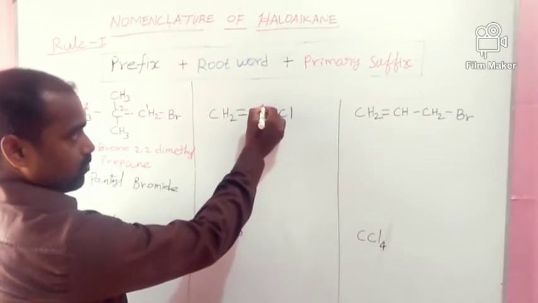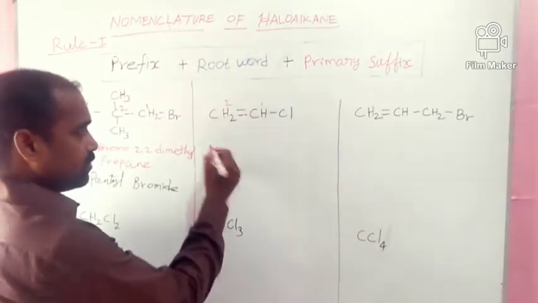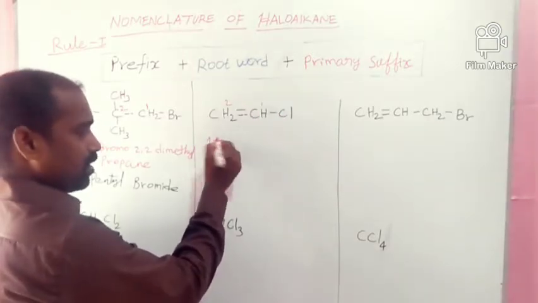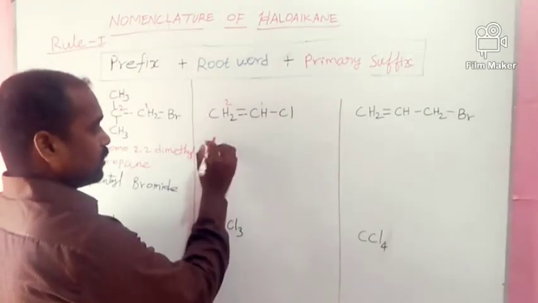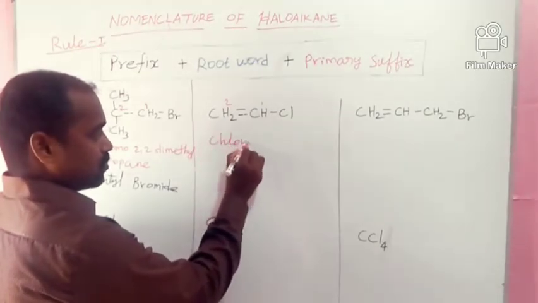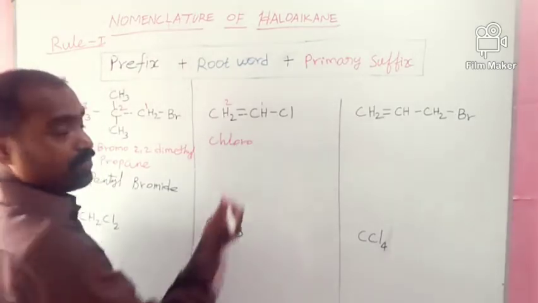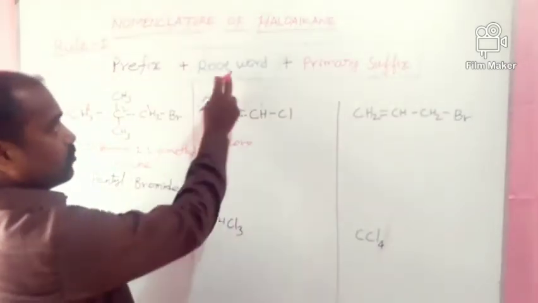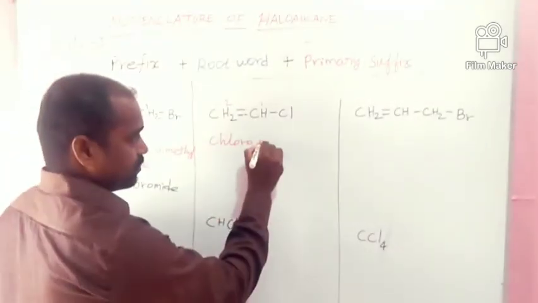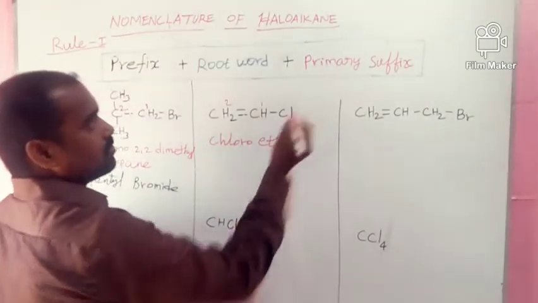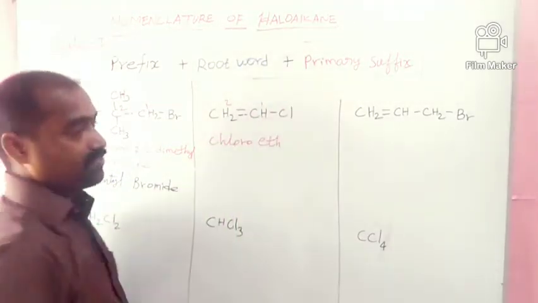So how do we write the IUPAC name? Chloro, 1-chloro. This is the first carbon, this is the second carbon. So we can write chloro or 1-chloro. Chloro is the prefix. Root word, how many carbons? 2 carbons. For 2 carbons, what is the root word? Eth. So next, primary suffix.